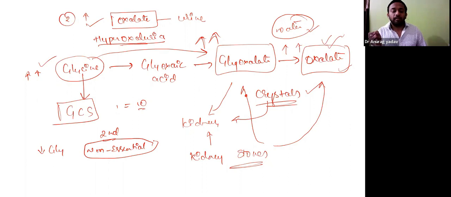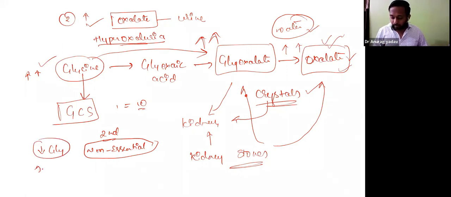What is the difference? If you take it in the diet, glycine is in very high concentration. If the body synthesizes glycine, it will be synthesized to the extent required, so glycine can be utilized for all its specialized compounds rather than synthesizing oxalates. So, a low glycine diet.